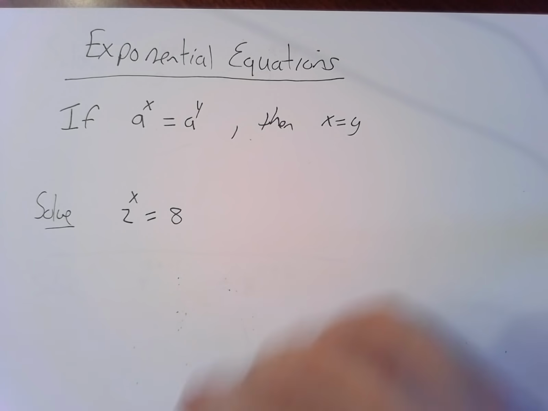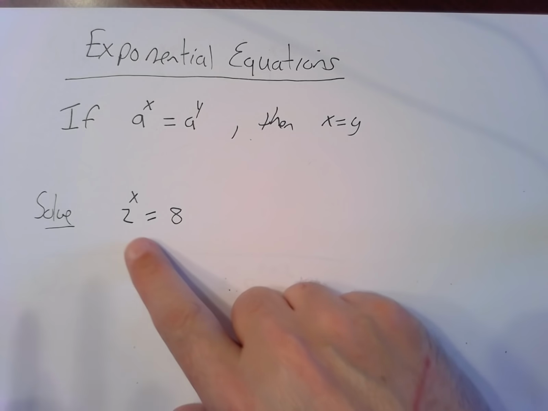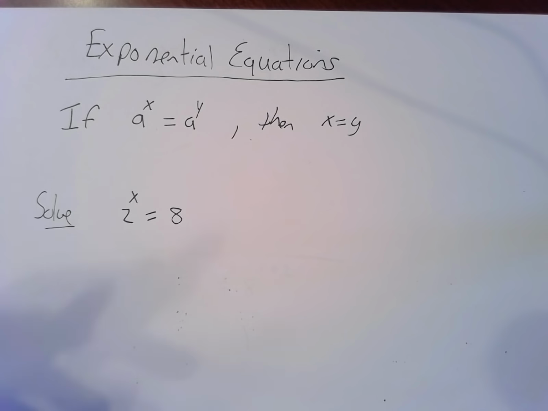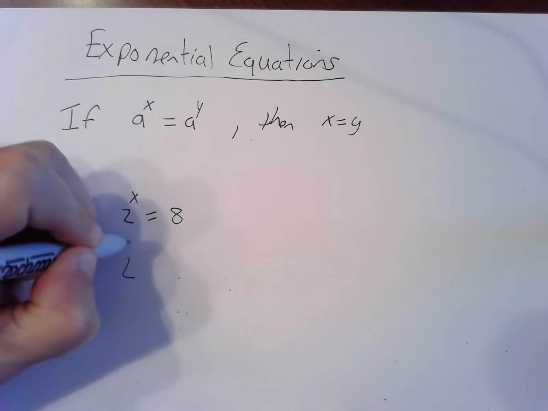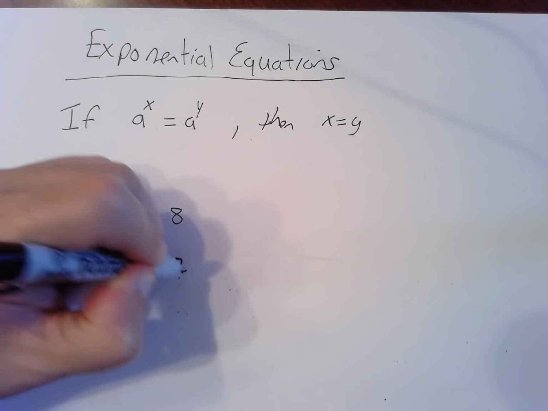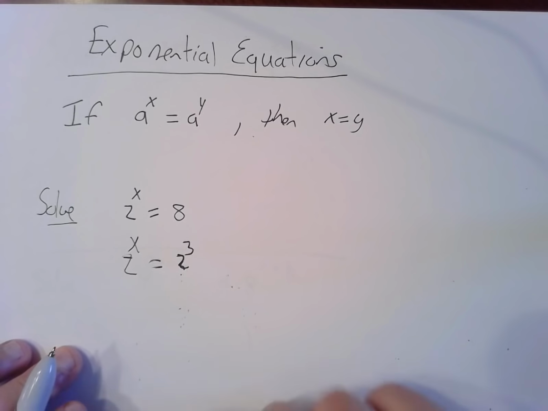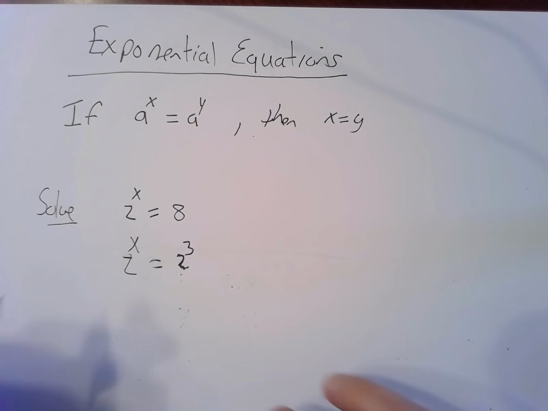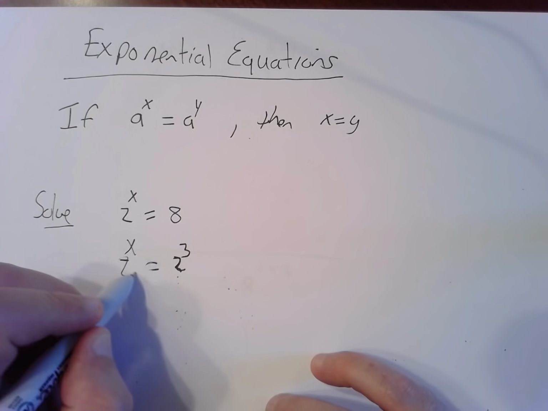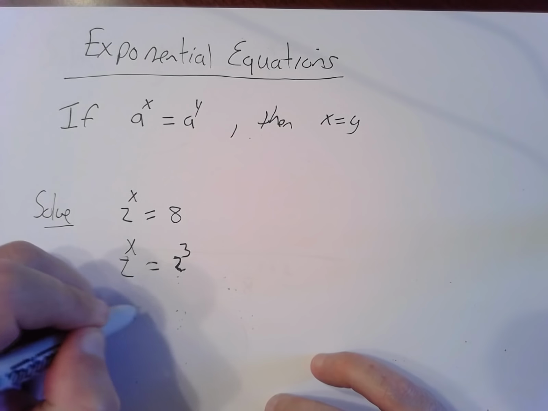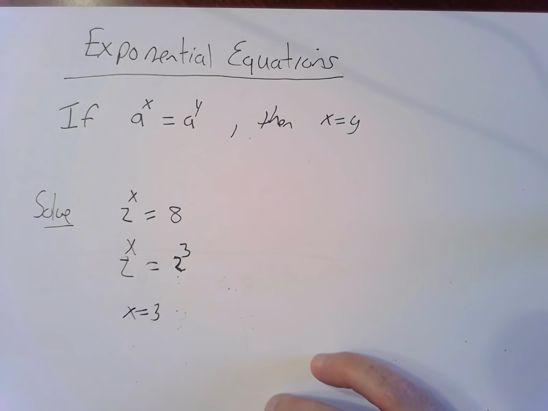So as a silly example, if I had 2 to the x equals 8, well, I could think of this as 2 to the x equals 2 to the third power. I have the same base. So in a sense, we're not really canceling, but it's kind of like we're canceling out these bases. And we can just say x must equal 3.